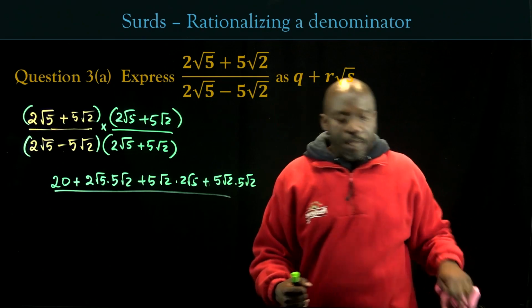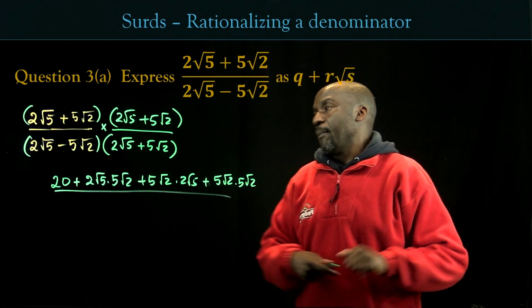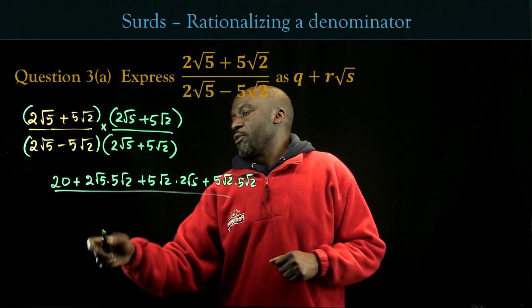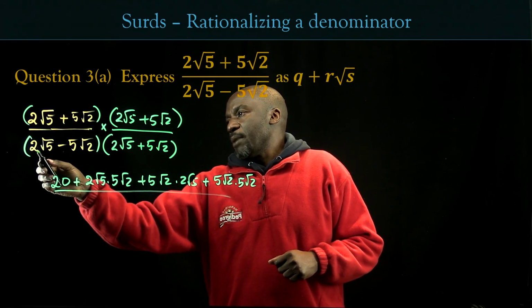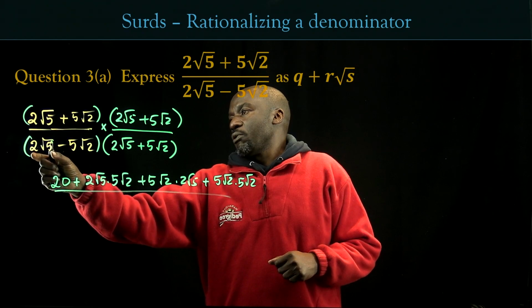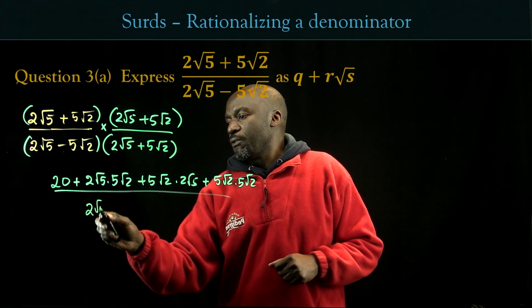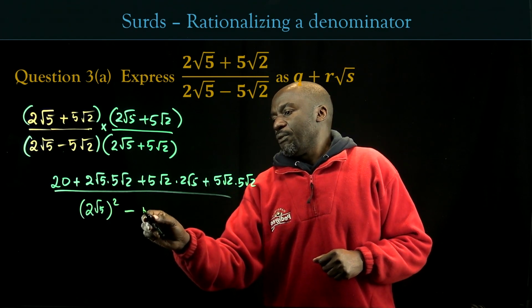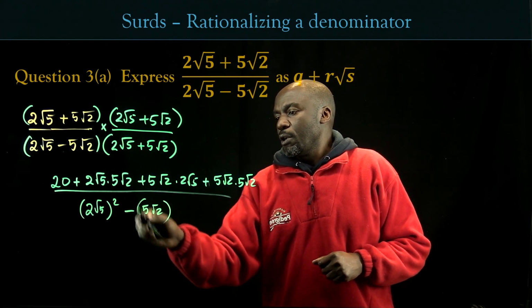And so what happens? We end up with, and this is what we do every time, all I need is that squared, which is 2 root 5 squared, which is 4 times 5, minus 5 root 2 squared.